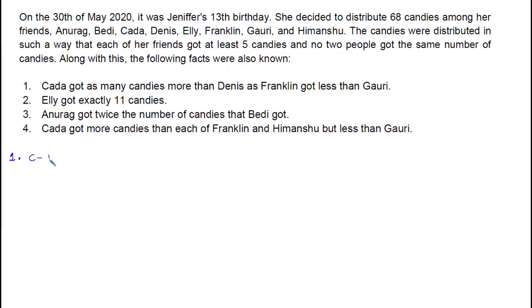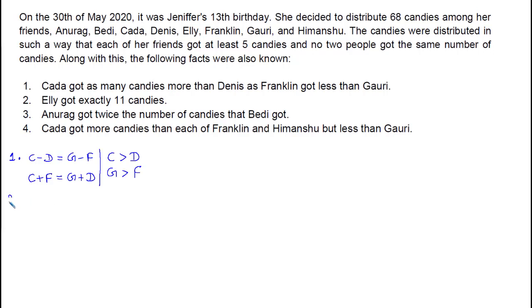C minus D is equal to G minus F. So from the first statement we can say that C minus D is equal to G minus F. From this we can conclude that C got more candies than D, and G got more candies than F. Along with this, we can also conclude that the sum of C plus F is equal to the sum of G plus D. This is what we can conclude from the first statement.